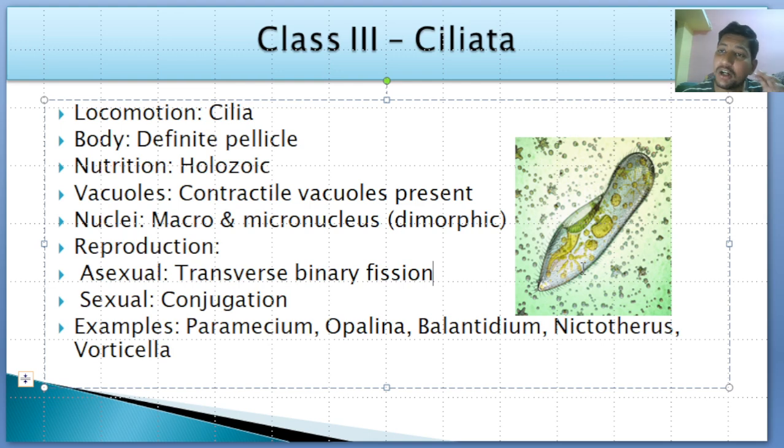According to some authors, they mention one more class, Opalinata, which includes Opalina. So don't get confused. In some books Opalina is given under Ciliata, and in some under Opalinata. It varies from one author or scientist to another. So don't worry, you can write Opalina under Opalinata or Ciliata, both are correct.